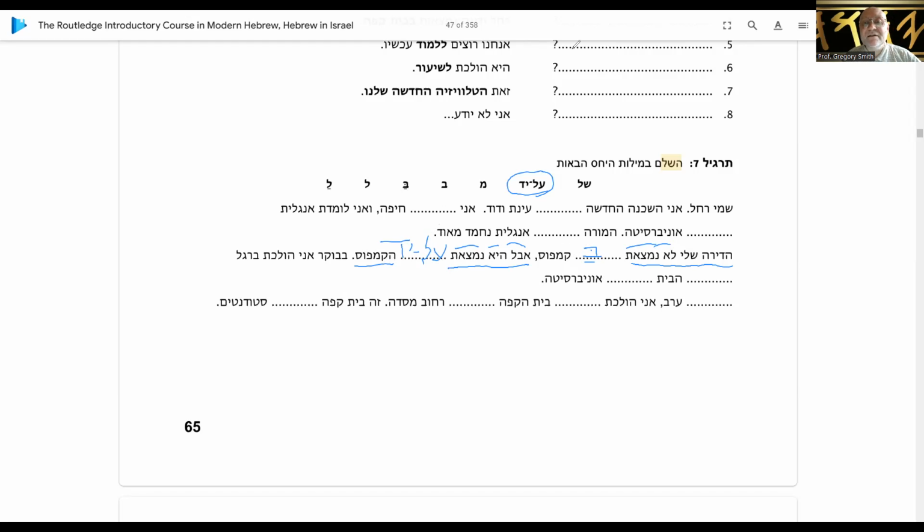Let's see what they've got in theirs. Okay, so they did have ba universita there, Anglit ba universita. Okay, so Hamore le Anglit, yeah. A teacher, an English teacher, or English.